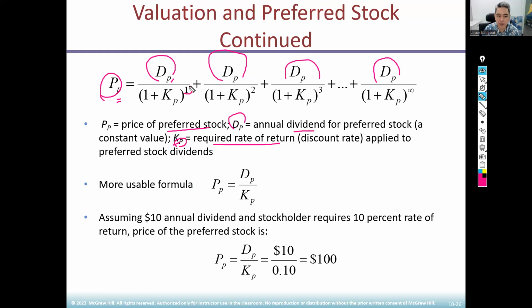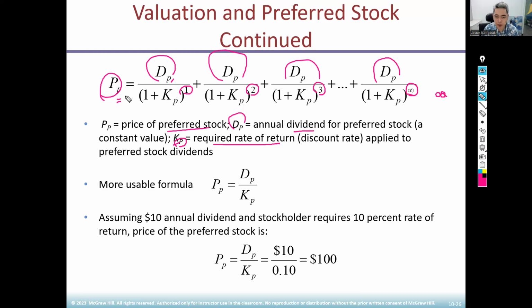It's just that there's a letter P subscript, which represents the preferred shares, right? And then you have one, two, three as your periods of time. Before it was represented by letter N, the number of periods, or letter T, the time, right? And then here you have infinity, right?